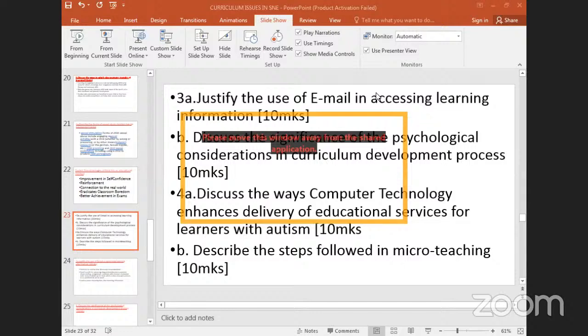When we talk about readiness and maturation, that is what you have asked. For example, if a learner comes to school having shown some interest to learn, meaning he or she is ready, that learner will be able to grasp concepts easily. Unlike taking a learner who has not shown any interest in learning, he or she is not ready.